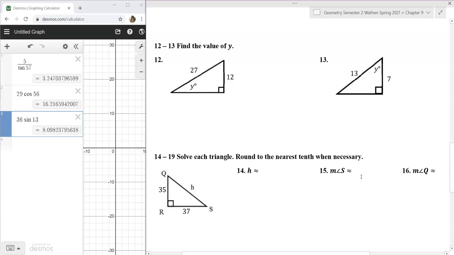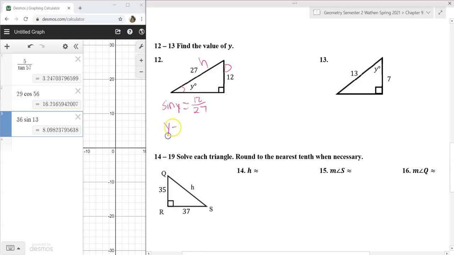For numbers 12 and 13, we're looking to find y, and those are angles, so we're going to need to use our inverse trig functions. So here we're looking to find y. We have our opposite and our hypotenuse, so that means that we're going to be using sine. We know that the sine of y is equal to 12 over 27.